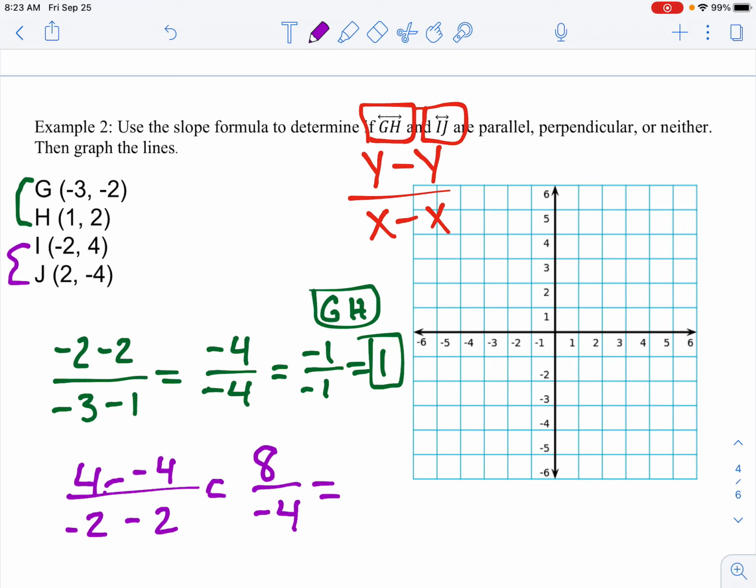If I reduce that, it's going to turn into 2 over negative 1 for our slope. And that was IJ. I'm going to compare the slopes. Are they the same? No, they're not parallel. Are they flipped and switched? No, they are not. They do not match either case, so we call this neither.